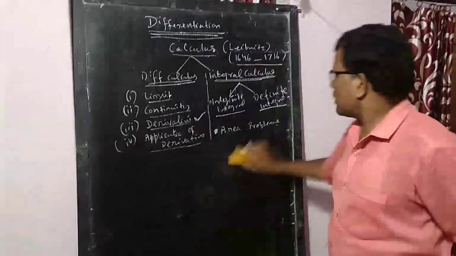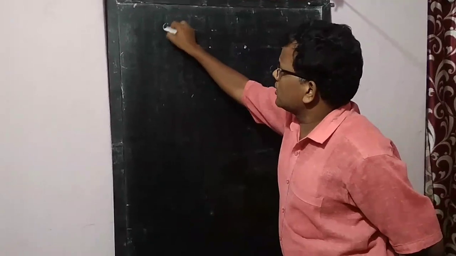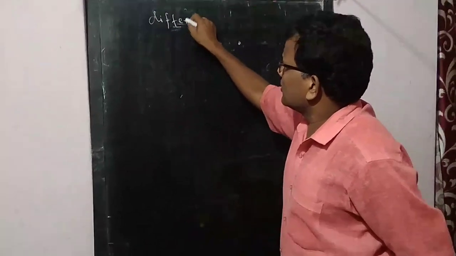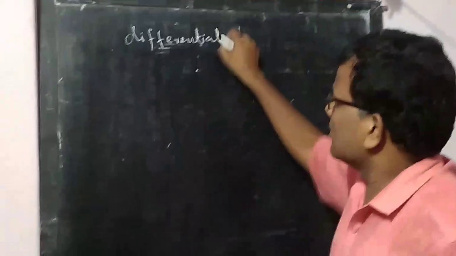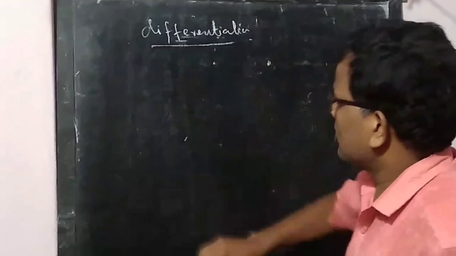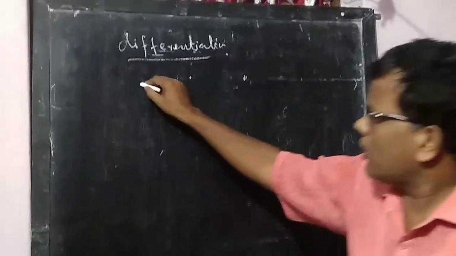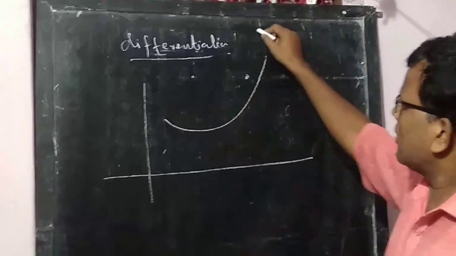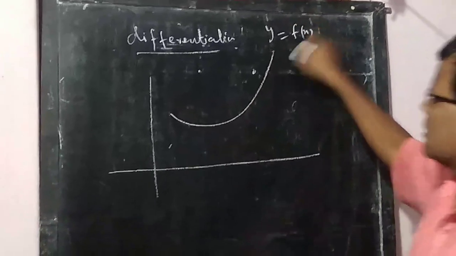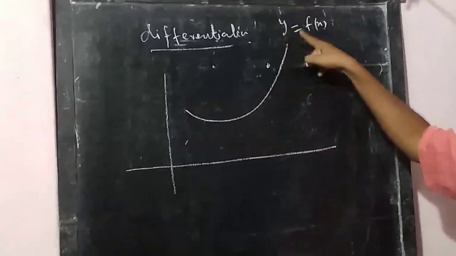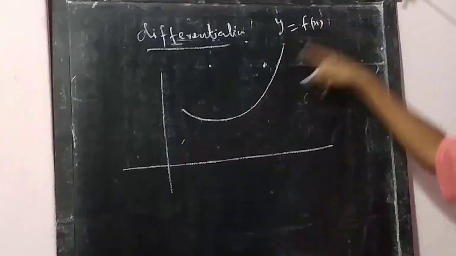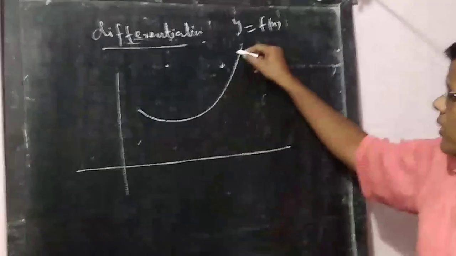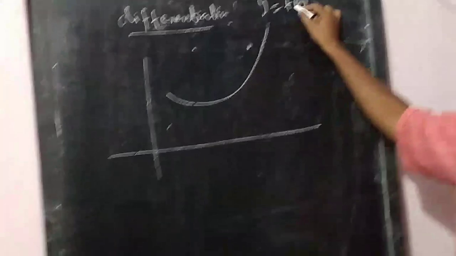So now, the concept of differentiation. Suppose here is a curve, this is y is equal to f(x). Here y is a function of x, and this is the curve, and the equation of this curve is y is equal to f(x).